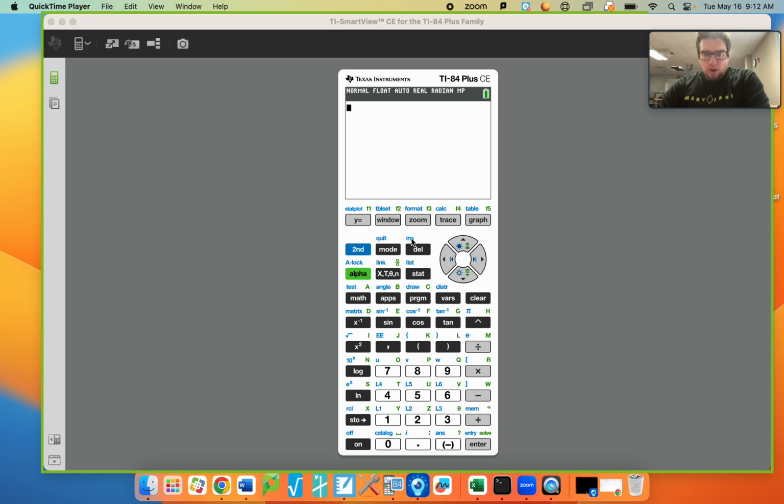The blue writing is underneath the second key. So if you were to hit the second key right here, your cursor would show an arrow. It allows you to get to any of the blue lettering throughout the calculator. So, a few functions that you'd want to know about for future use.